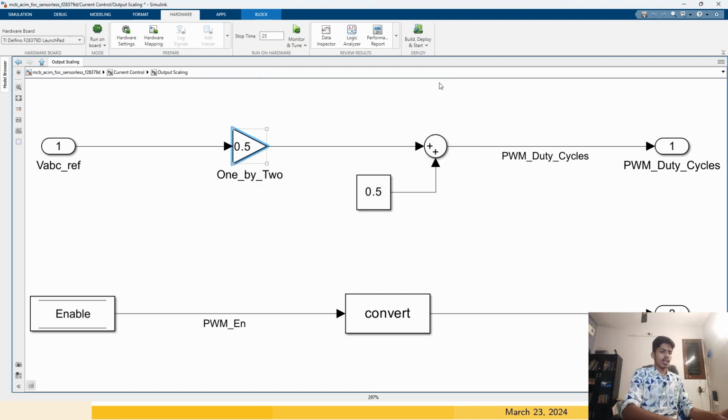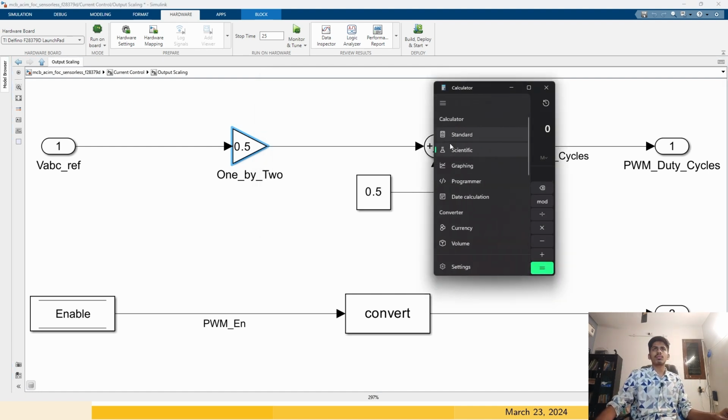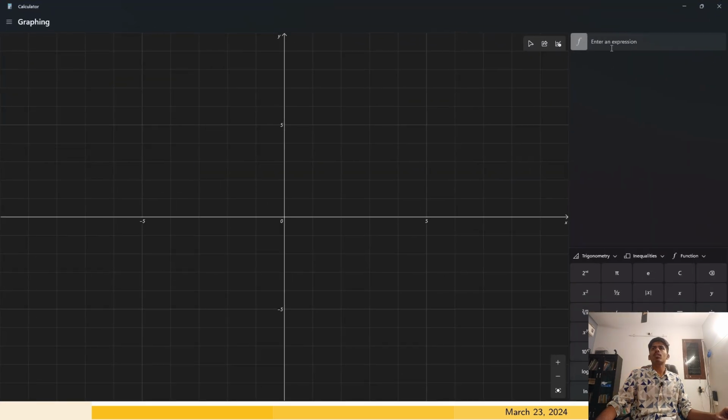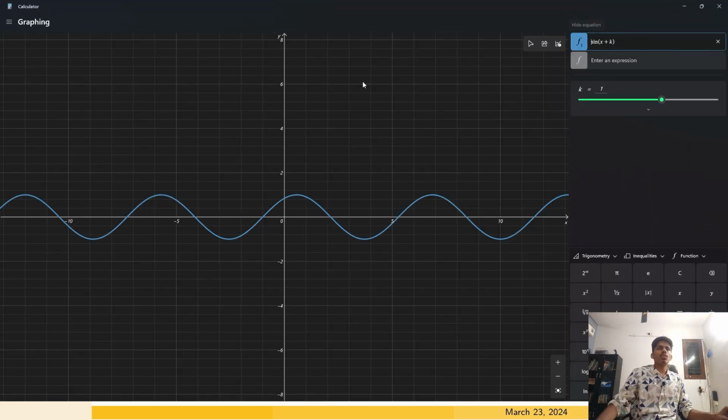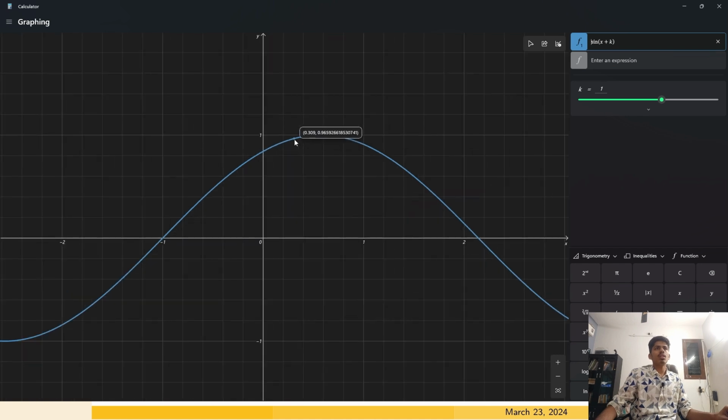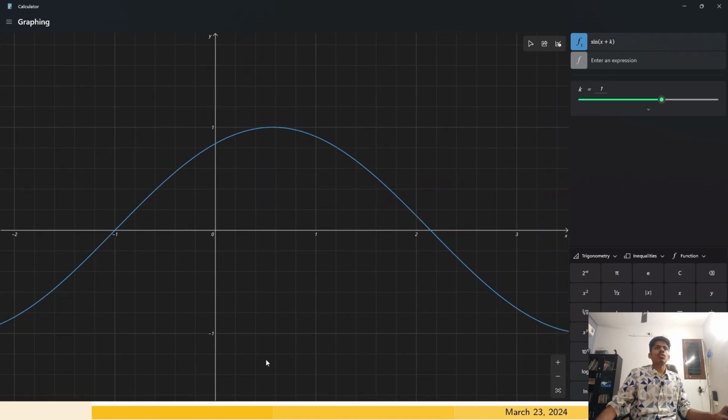So maybe I can quickly show in the graphing calculator. So let's say we have sine of x; you can see this ranges from -1 to 1. So the difference is actually 2, -1 plus 1 is 2, so the peak to peak value is 2.